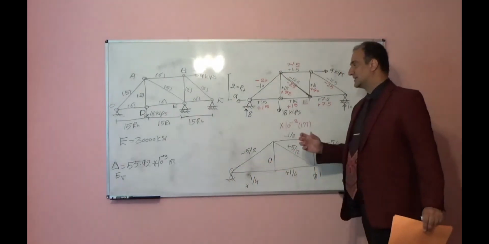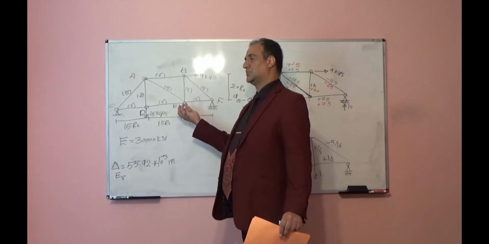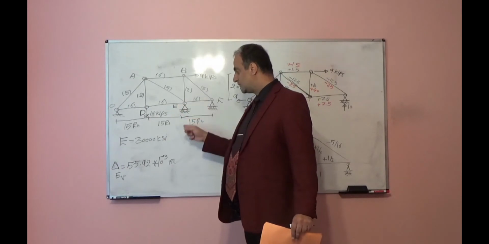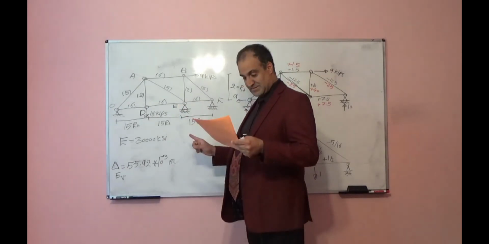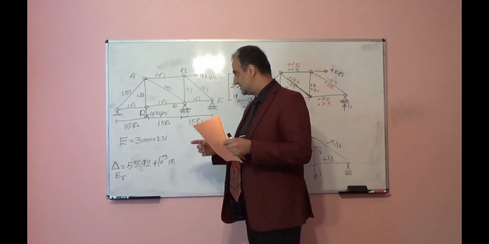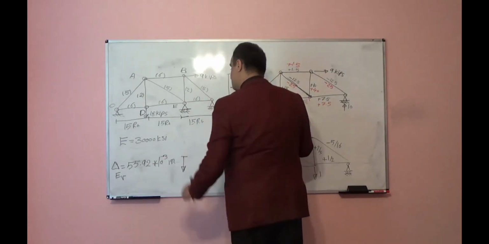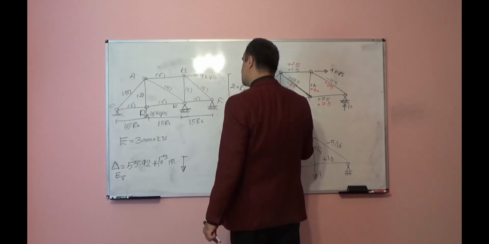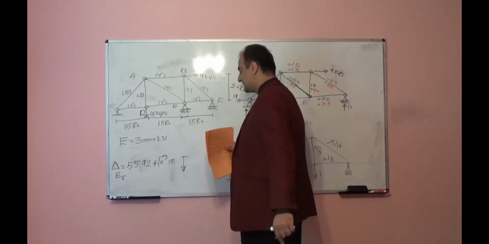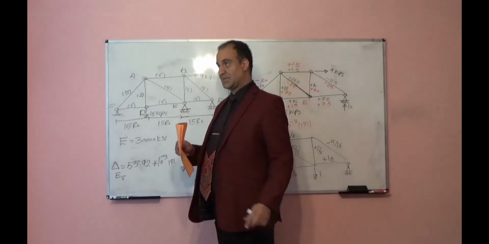So what does that mean? If we don't have this support, point E will move down in the vertical direction, and that deflection will be 55.92 times 10 to the power of negative 3 inch.